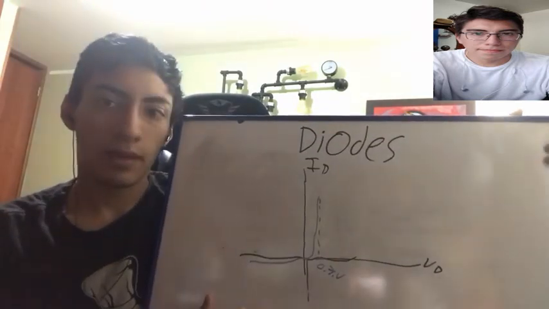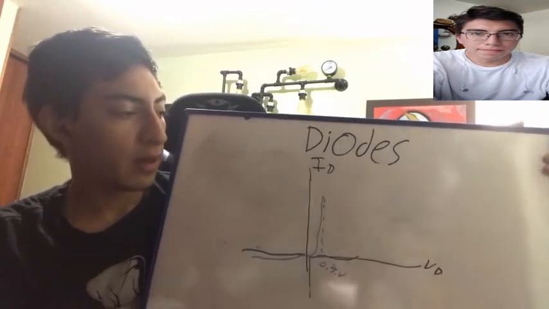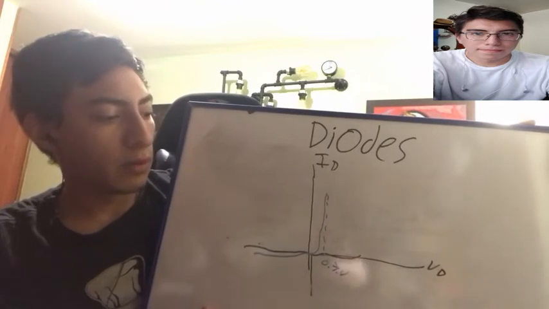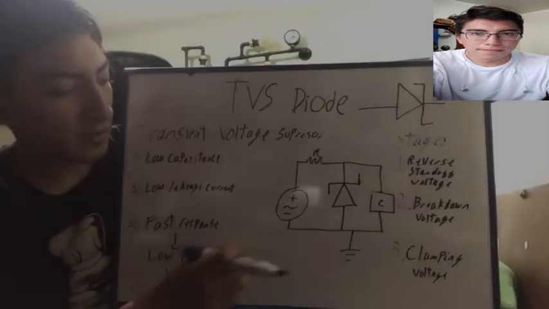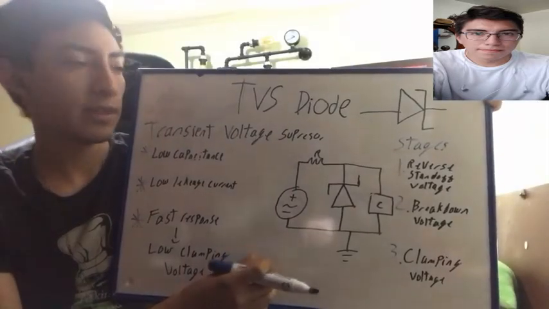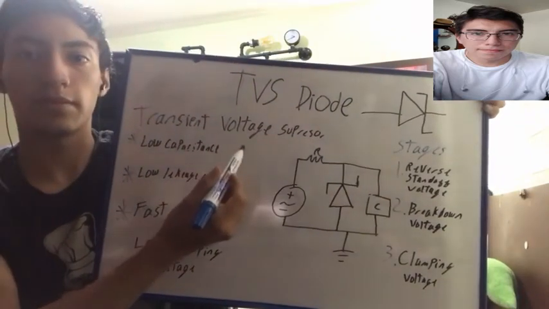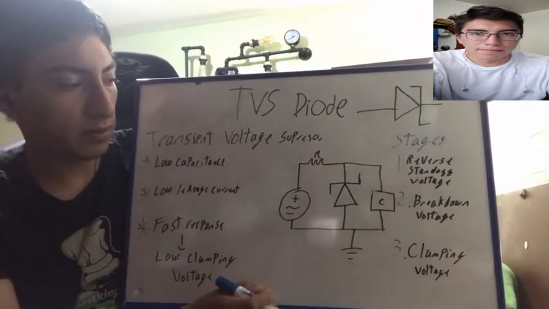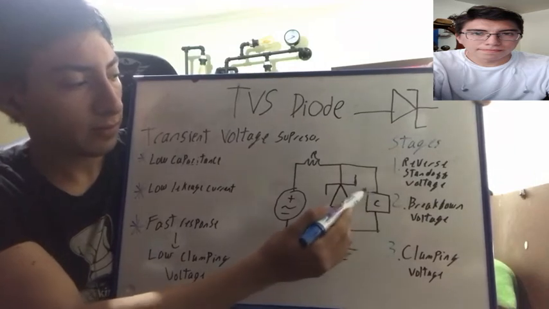Now, taking into account how the diode works and how it's made, we will explore two types of diodes and watch their behavior. The first type of diode that we're going to have a look at is the TVS diode, or transient voltage suppressor. Basically, this is a type of diode whose purpose is to serve as protection for other circuits.